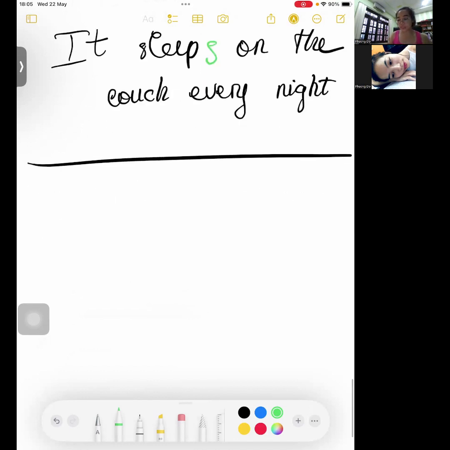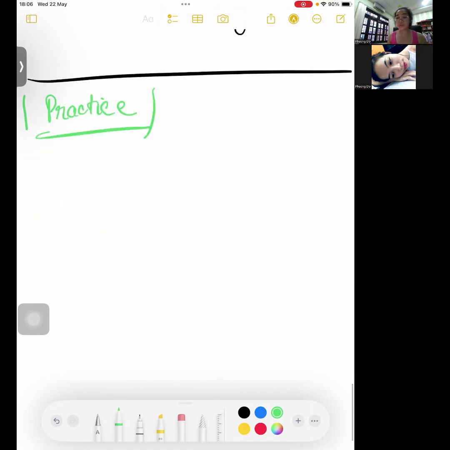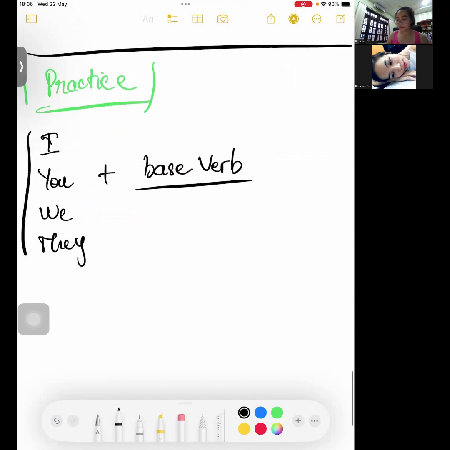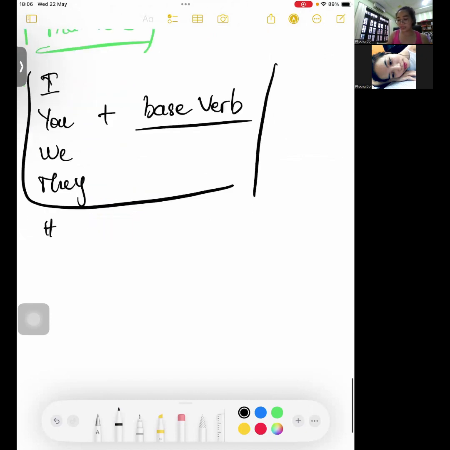Okay, so now let's do some practice with me. Before we practice, we will need to repeat again the structure, right? The pronouns we have here, I, you, we, they, go with the base verb, right? The verb with no s. And he, she, it, go with, yes, the verb with s.